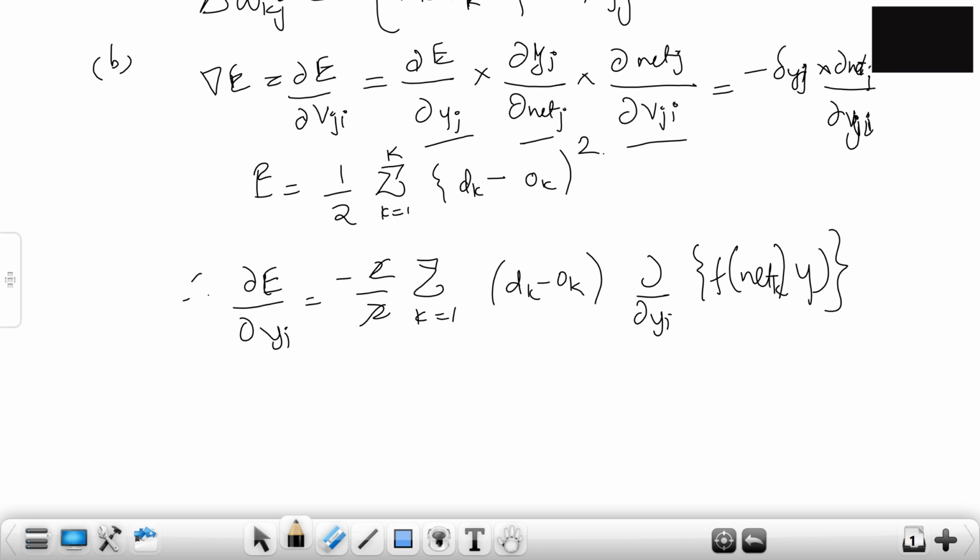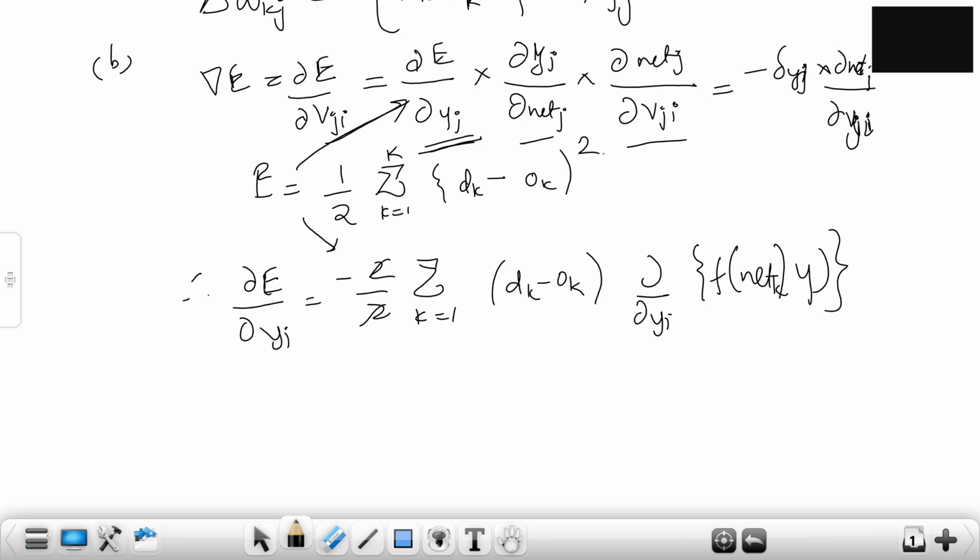Now just look at this. How do we get this ∂y_j? We get it from here: we substitute the value of E over here and we write this.